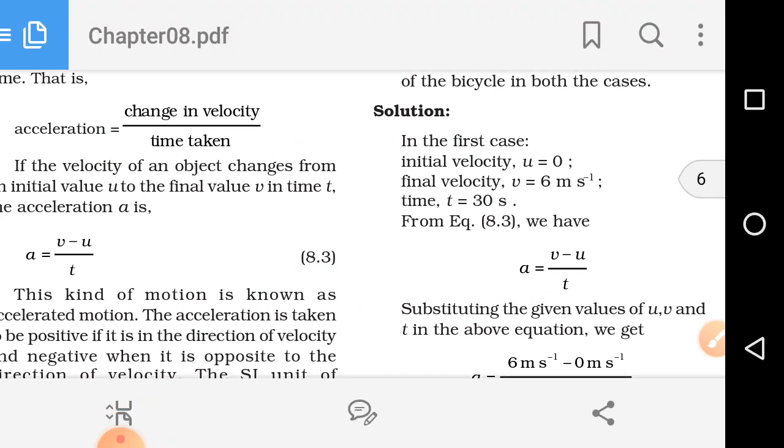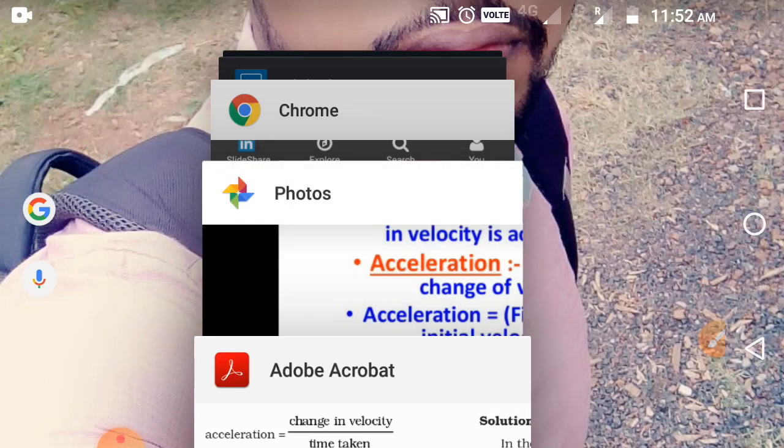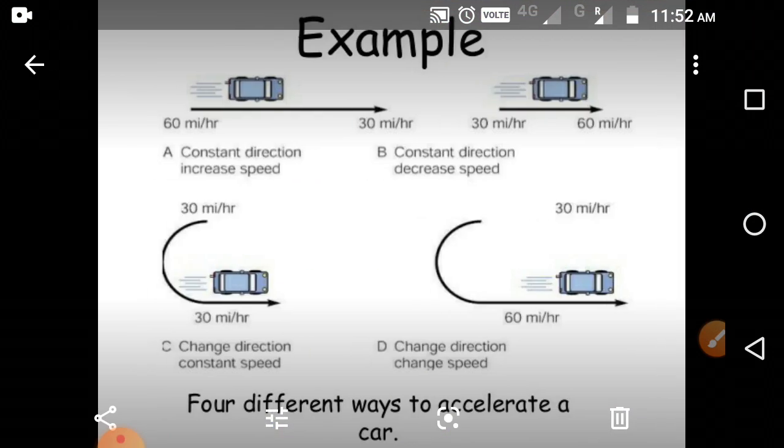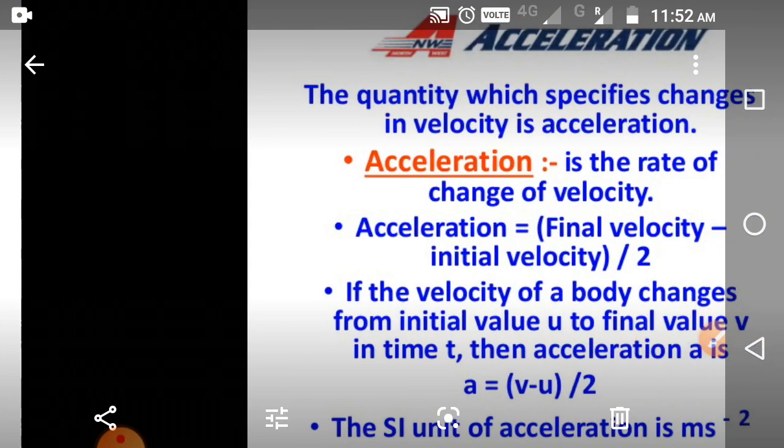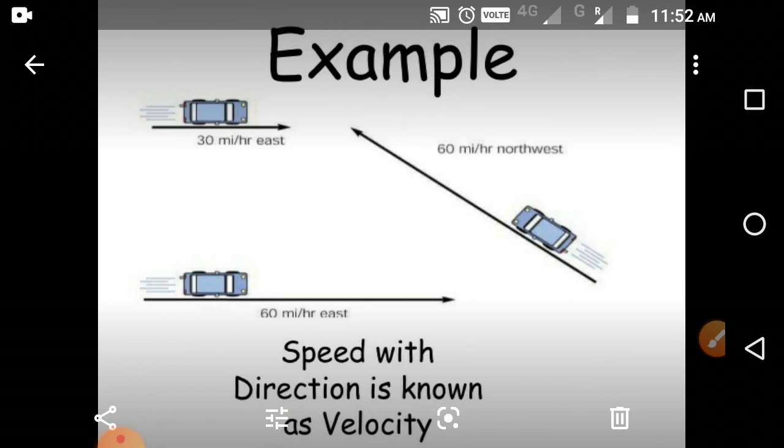We discussed some small points, starting with velocity, acceleration, speed, and all those things. So just try to revise all those things. We had distance. Distance is the total path length traveled. And we moved to speed. What is speed?